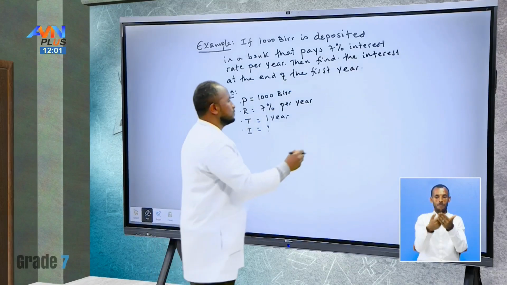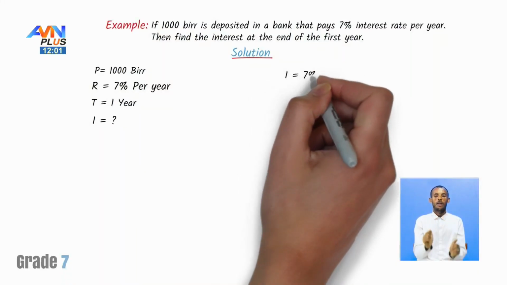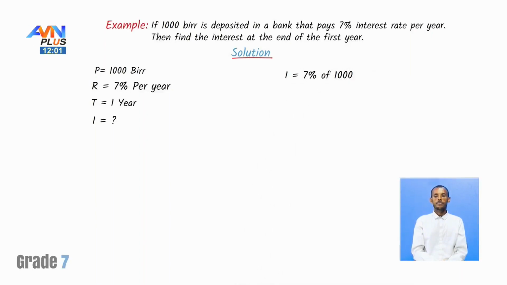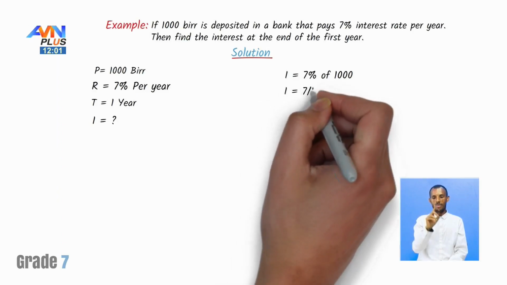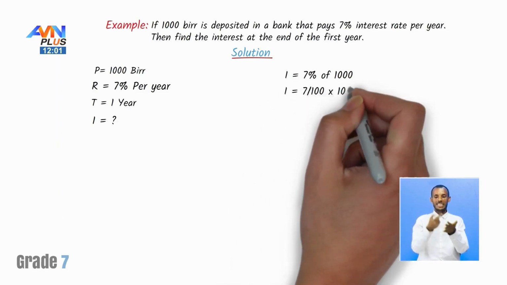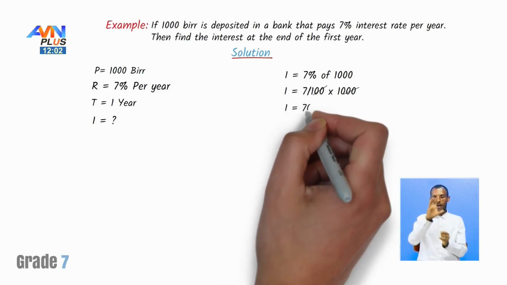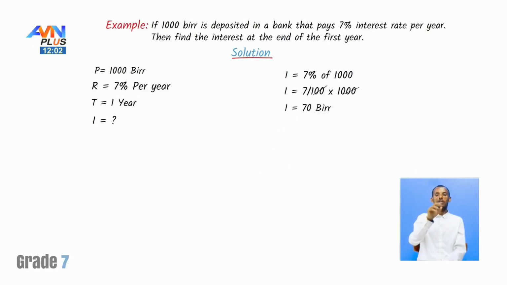Therefore, the interest is 7% of 1,000, which means 7/100 times 1,000. The 100s cancel out. 7 times 10 is 70. Therefore, this will be the interest at the end of the first year.